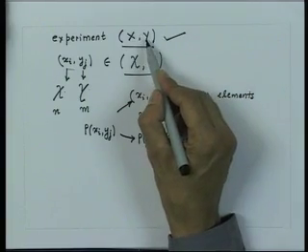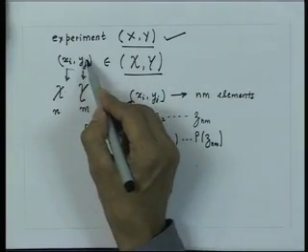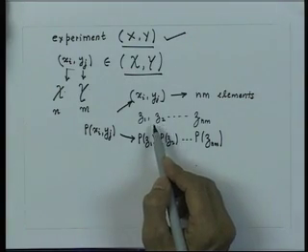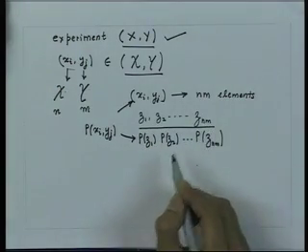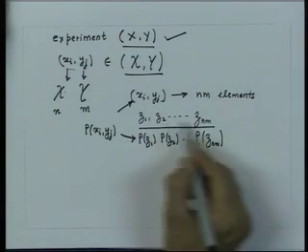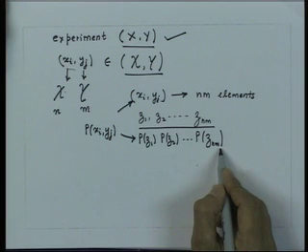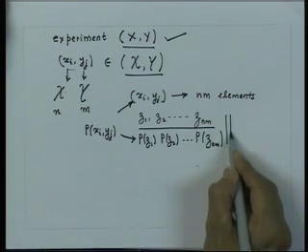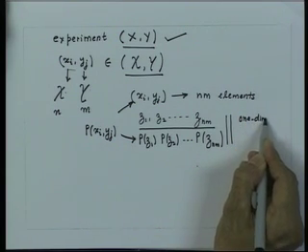So, an experiment which had two outcomes has been reduced to an experiment which consists of single elements z1 to znm with their probabilities of occurrence. Now, this has been reduced to a one dimensional sample space.